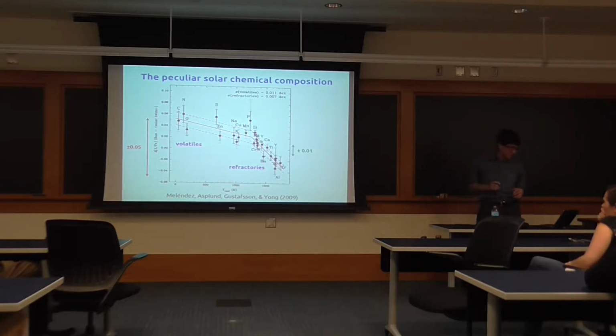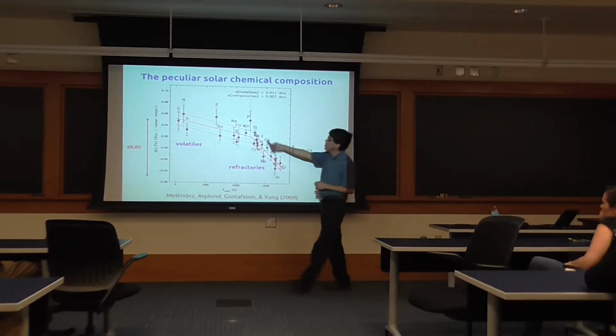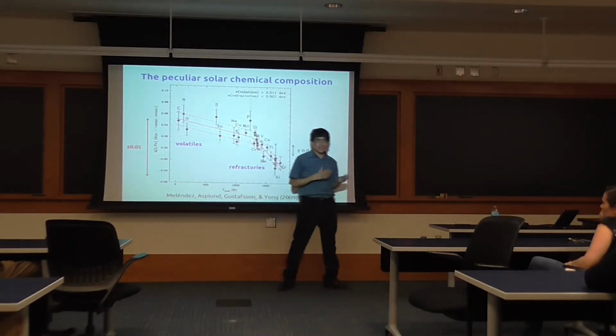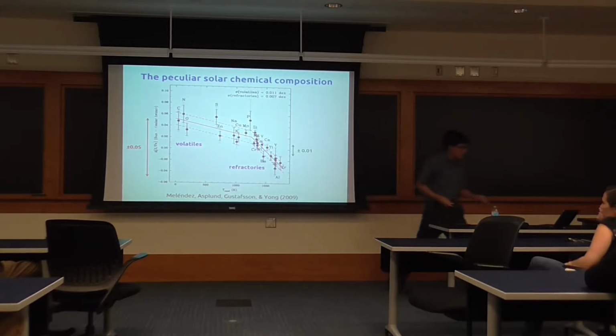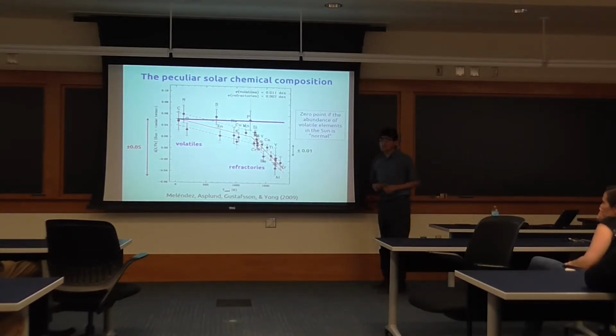It's practical for us. So there's many ways of interpreting this plot and what the peculiarity is. I'm going to say just one of the interpretations, which is that you can assume that the abundance of the volatiles are normal in the sun. And maybe I should step back a little bit.